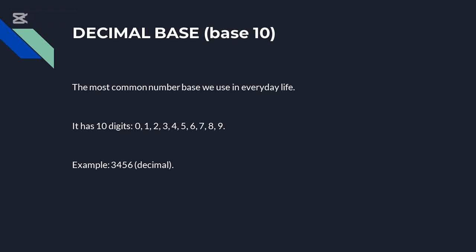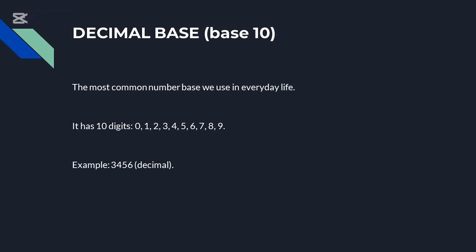Examples of base 10 will have any number. As long as you list any number or any figure without a base, we purely define it as a number in base 10. So 3456 is a number in base 10. 56 without a base means it's a number in decimal base.